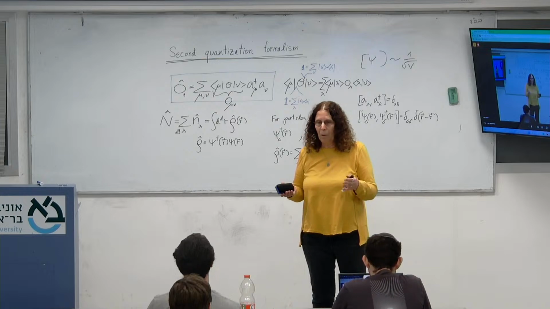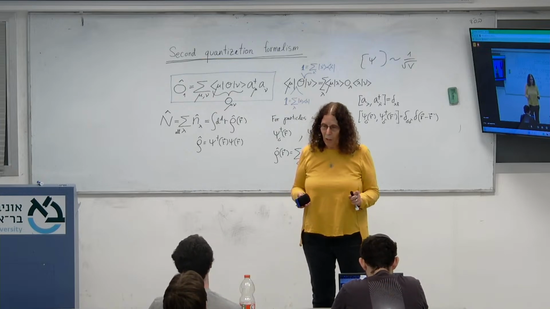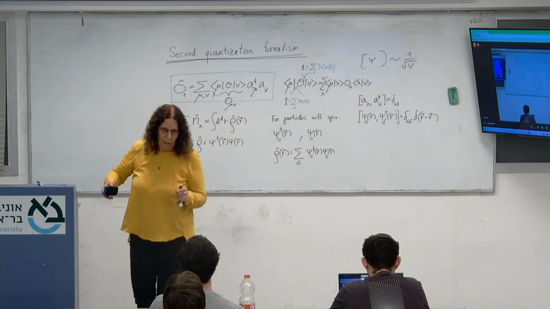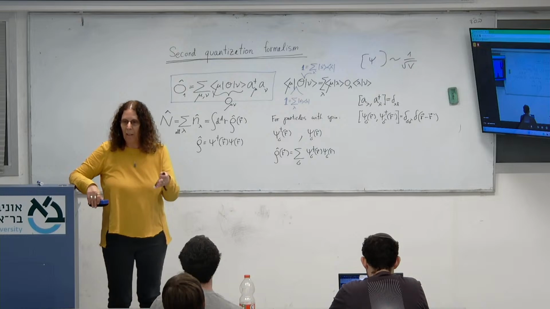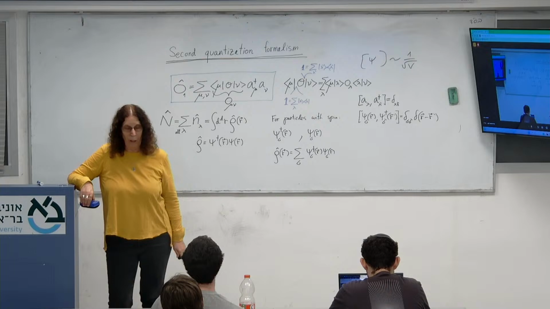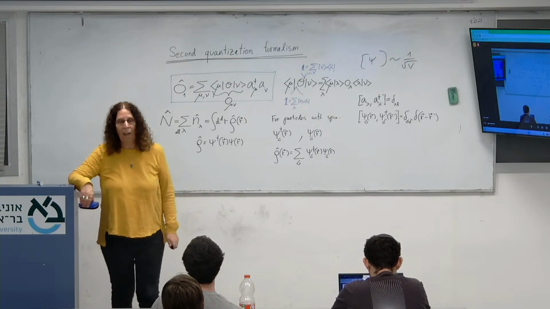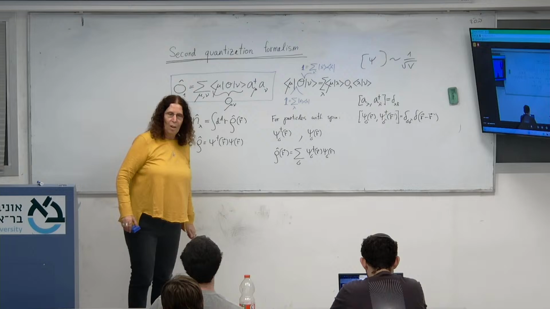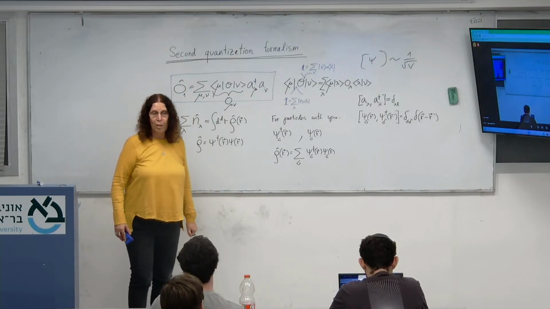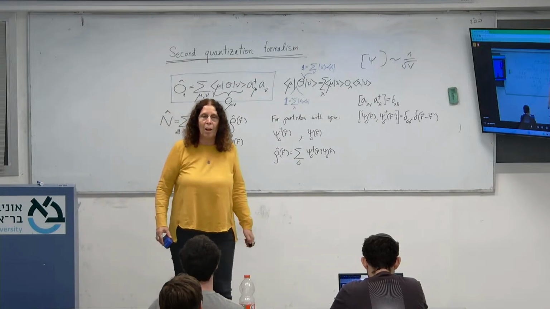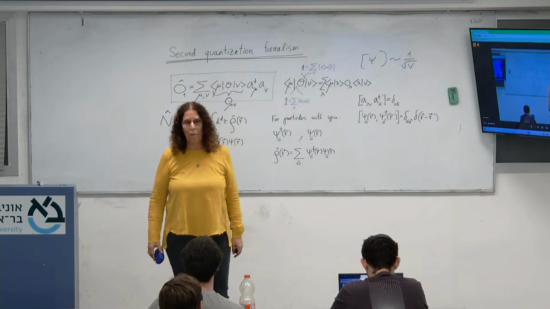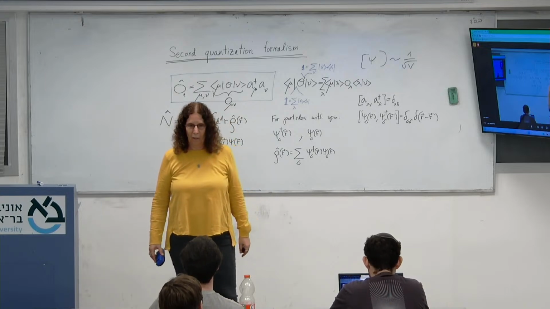So the total number of particles is not changing. But there can be operators that reduce or increase the number of particles. They are legitimate operators. In fact, we're going to see later in the course cases where the Hamiltonian may include such operators. And therefore, its ground state and its eigenstates in general will not be Fock states, because Fock states have a well-defined number of particles, right?